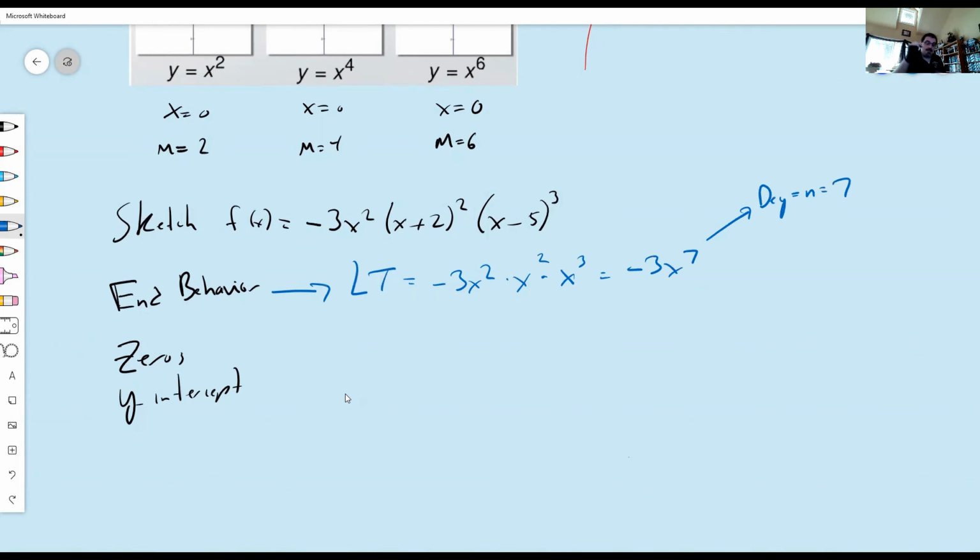That means you're going opposite directions. And our lead coefficient, minus 3, is less than 0.